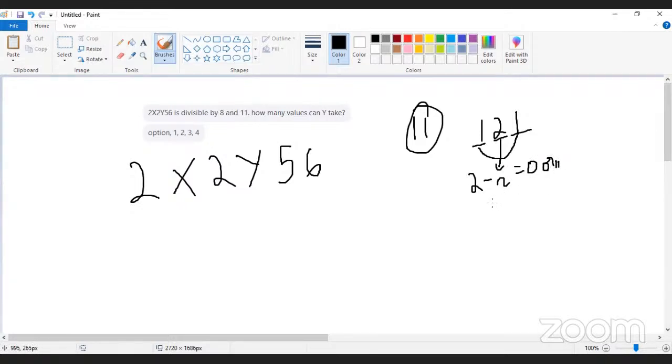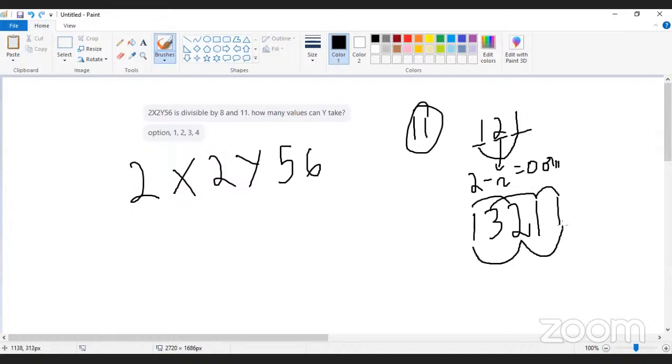In the second case, let me take 1, 3, 2, 1, 3, 2, 1, 1. I am going to add 1 plus 2 plus 1.